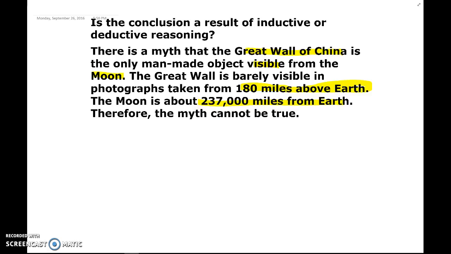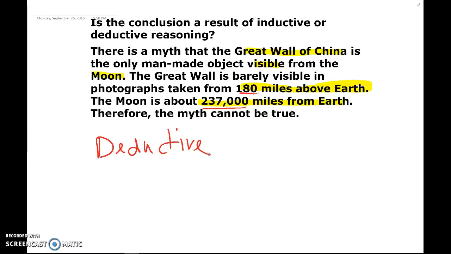So we're given a myth that the Great Wall of China can be seen from the moon, and then we're told that it's barely visible from 180 miles above Earth. And the moon is 237,000 miles from Earth. So since the moon is significantly further than 180 miles, this is using deductive reasoning.